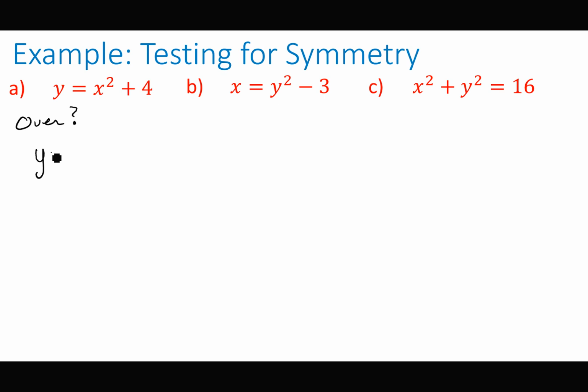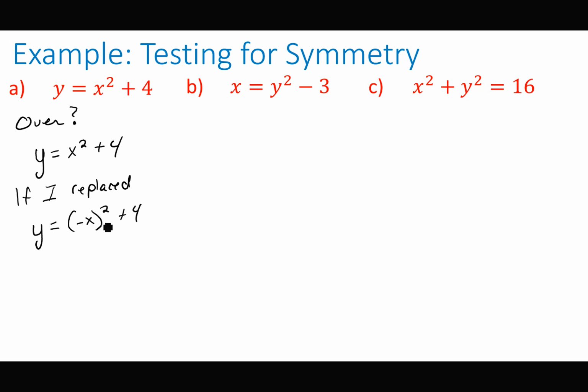I started with x squared plus 4. If I replace my positive x with a negative x, squared, does this still hold true? If this still holds true, then it can definitely be reflected over the y-axis.